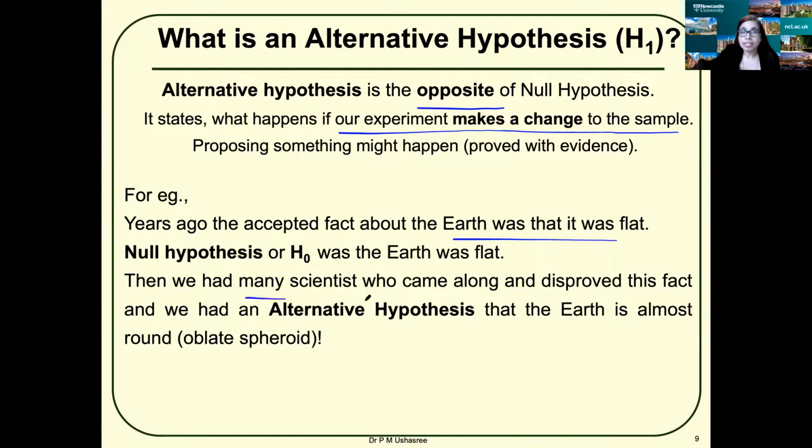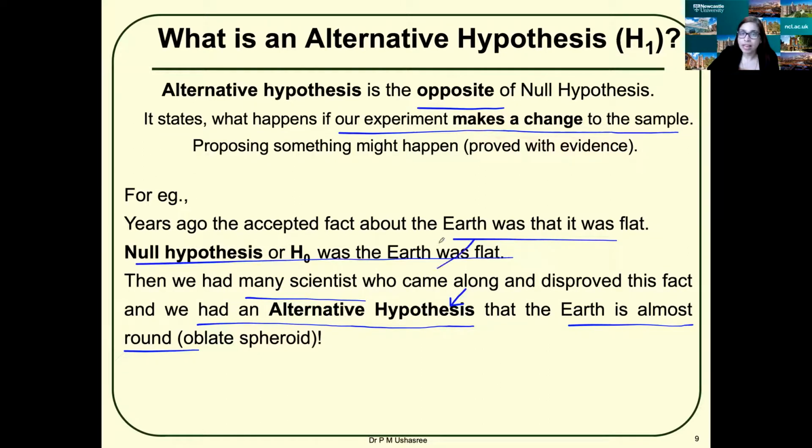Then many scientists came along and disproved this fact. And we had an alternative hypothesis that the earth is almost round. So that is the alternative hypothesis. And now we have proved it by experiments and calculations that earth is almost round. So we accept the alternative hypothesis and we reject the null hypothesis.